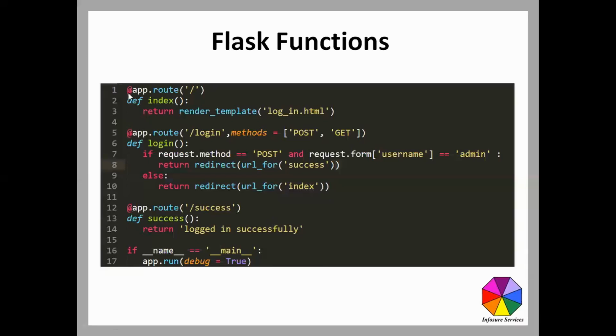Here is at app.route. That means my landing page is the forward slash, applied on a function. What it does in the Flask framework is link the incoming URL request for a specific page to the view. It could be the landing page, a specific login, or some success page.